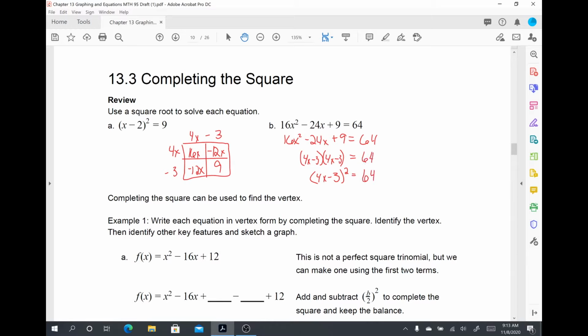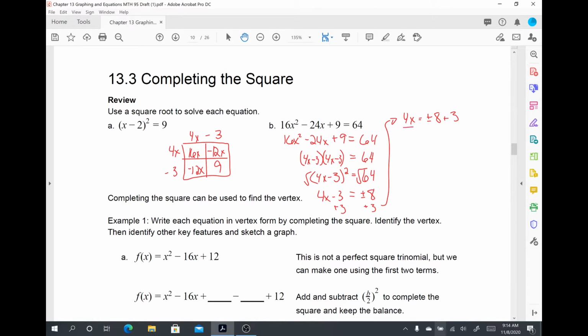And if we take the square root of both sides, we will get 4x minus 3 equals plus or minus 8. Next, we can add 3 to both sides and divide by 4. Well, 4x equals plus or minus 8 plus 3.